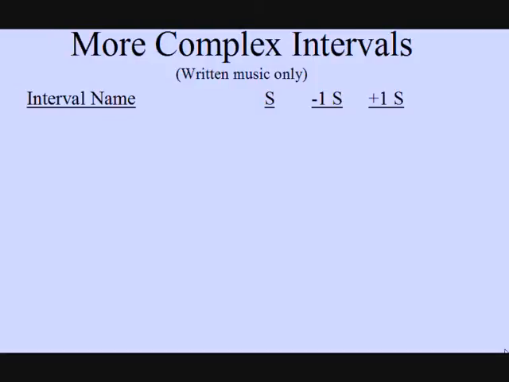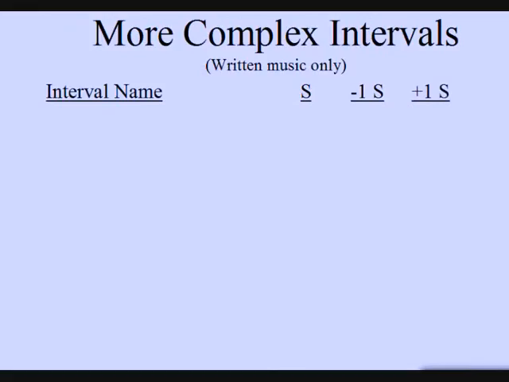So it's only when we see this written that we are actually going to find these strange intervals. This is how every single basic interval that we learn is going to behave when one semitone is added or taken away.